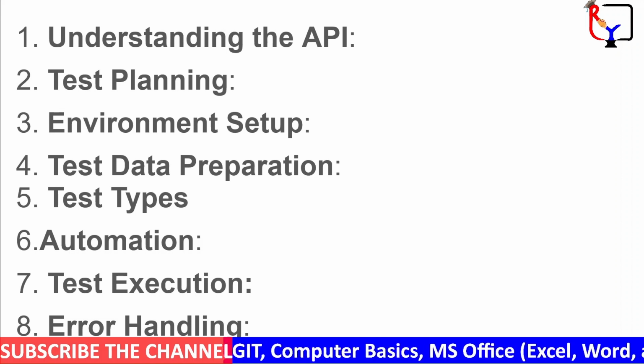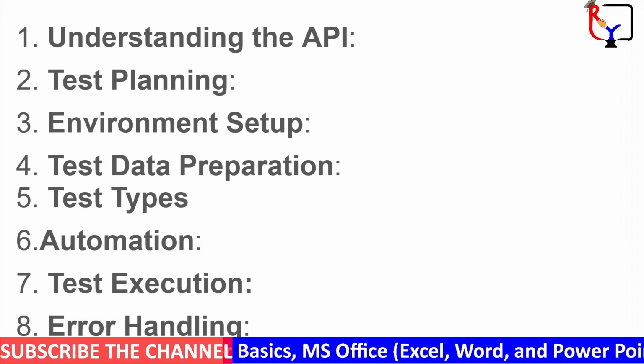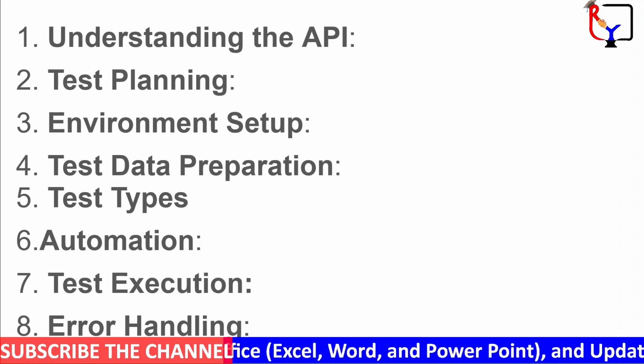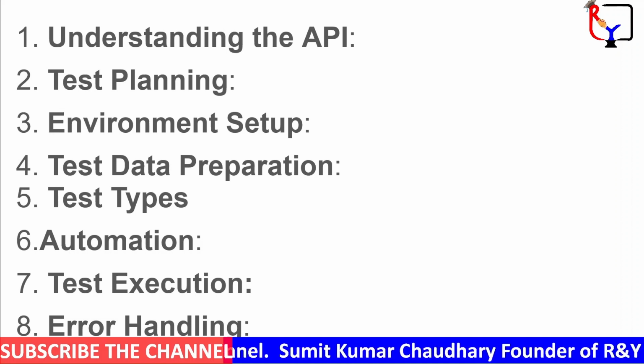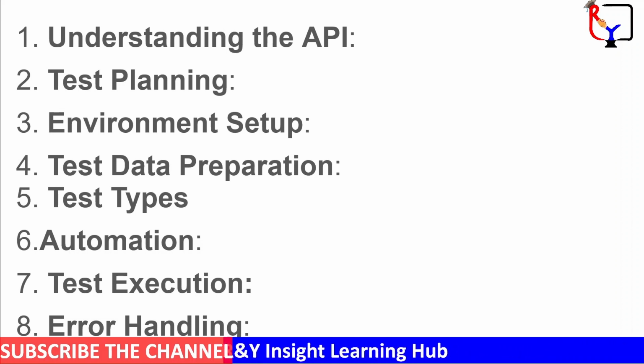So the lead assigns the API to the person who has knowledge of API testing, or we can say the importance of API testing, and does not involve the person who has no knowledge.